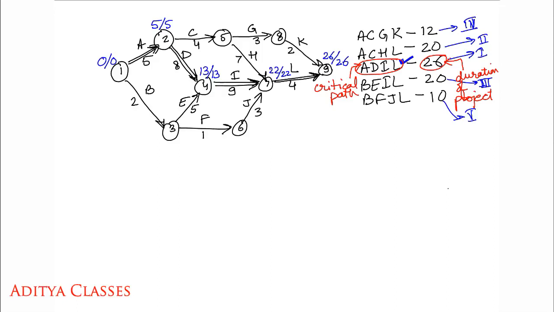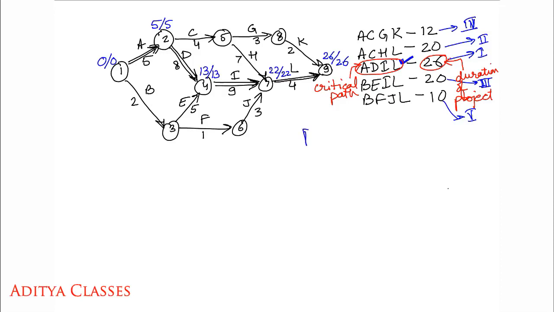Now remember, this 0 is for the forward pass. In the forward pass, this 5 is your forward pass 5, and this other 5 belongs to the backward pass.